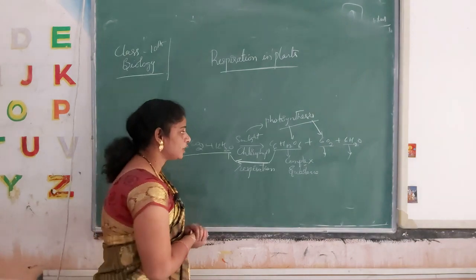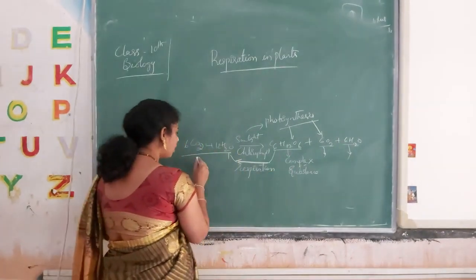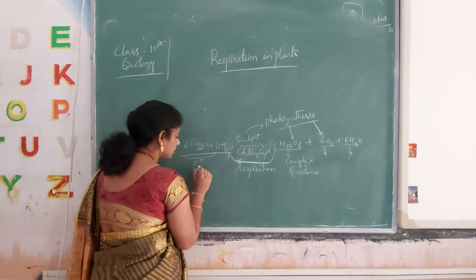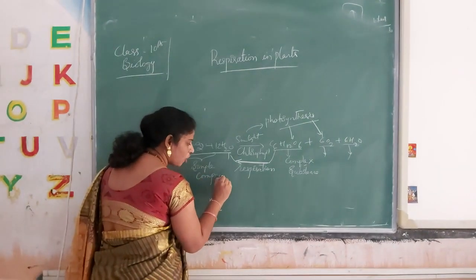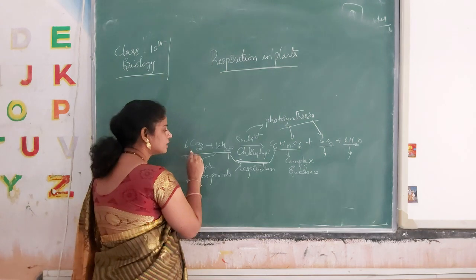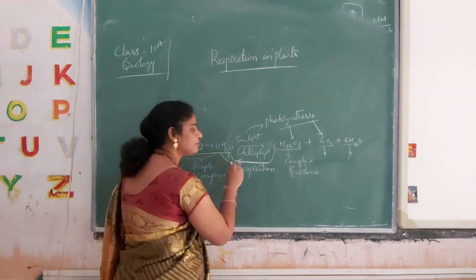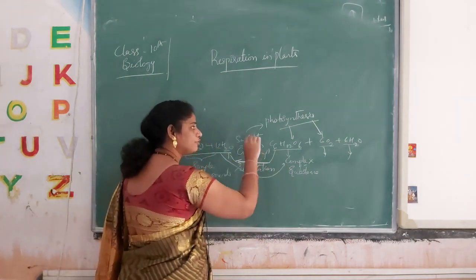So complex substances are formed from two simple compounds in photosynthesis.